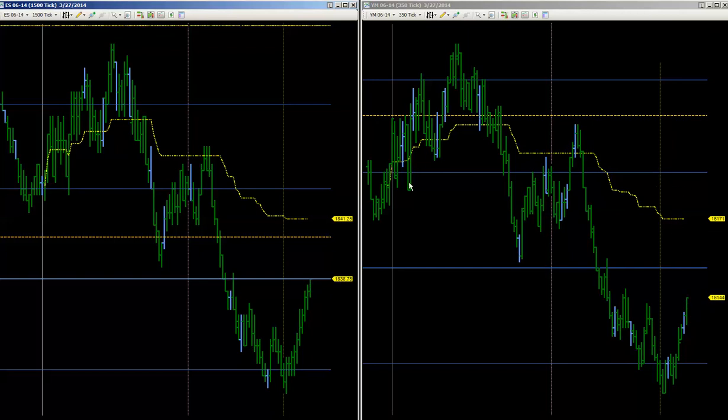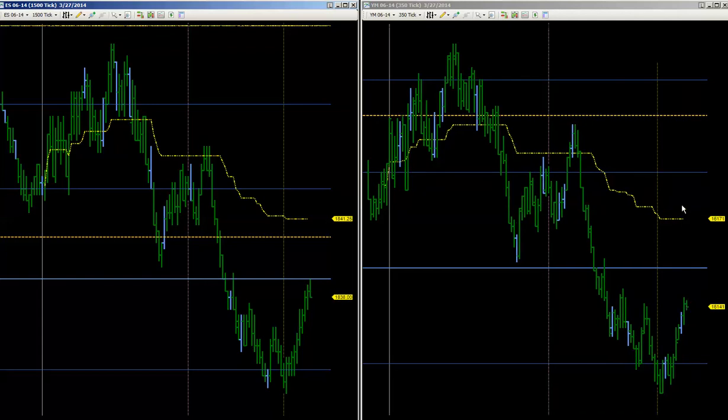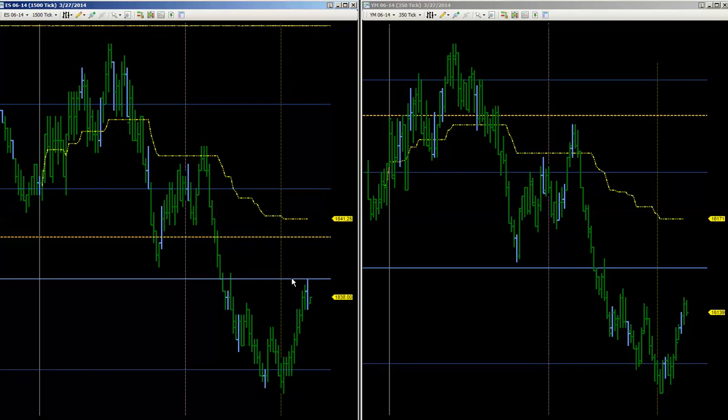I realize both of these second targets are above our walking baseline, but this is a fairly strong move, so seeing that walking baseline being violated is extremely possible. I didn't target this full move line right here in the ES because my entry was out here in space, but I am targeting this full move line in the YM because my entry was closer to this minor move line.